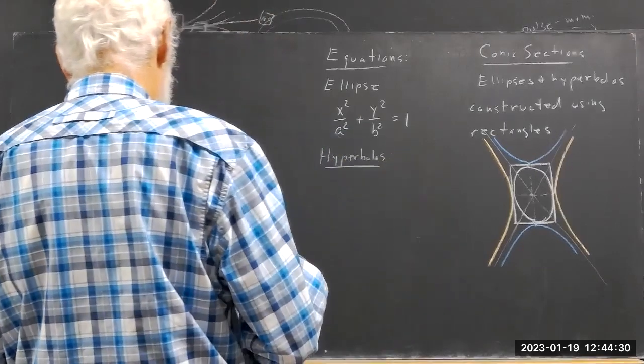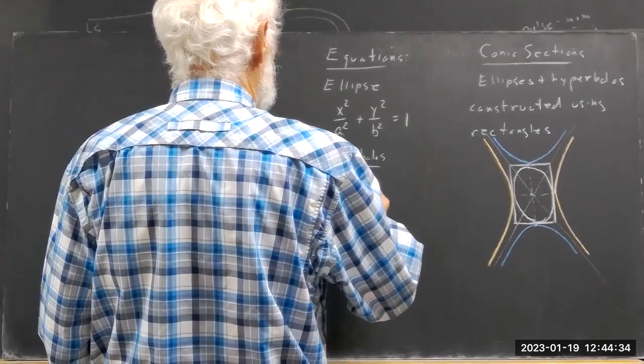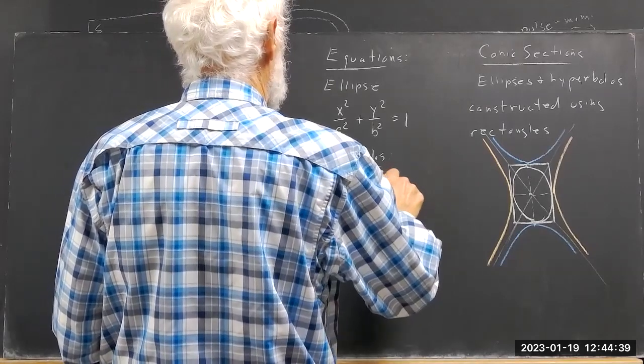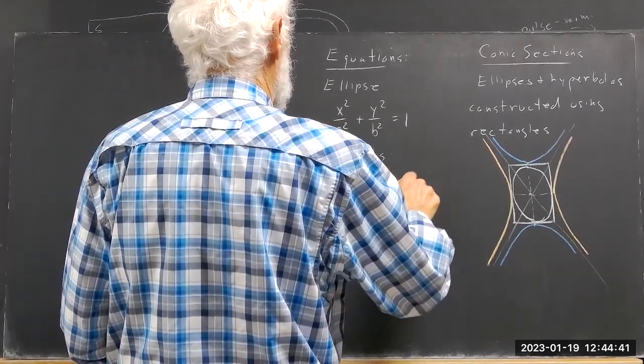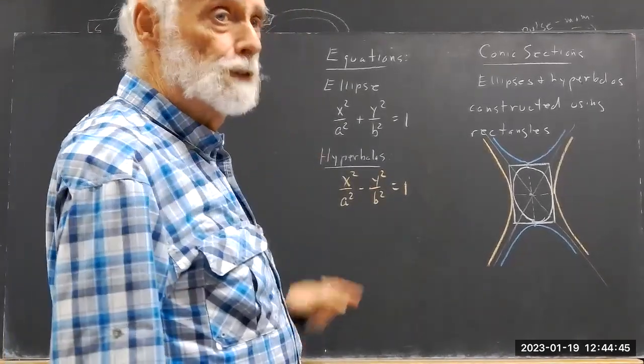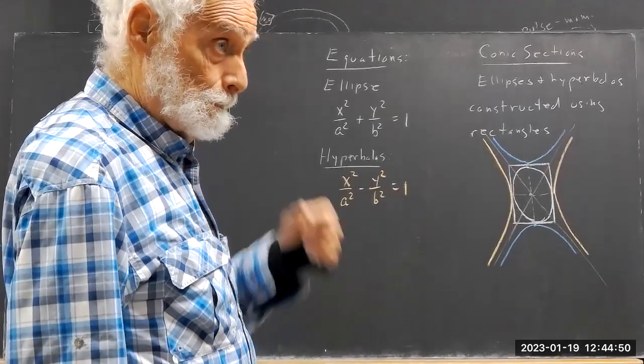Hyperbola: x squared over a squared minus y squared over b squared equals 1. Okay.